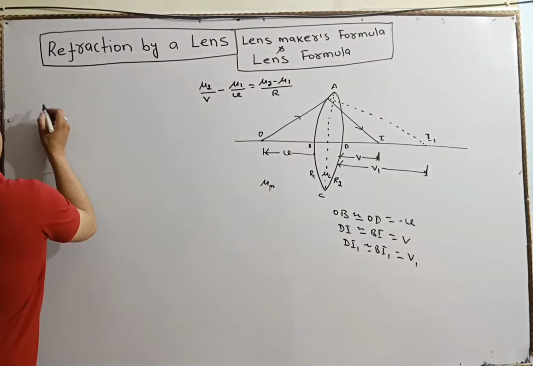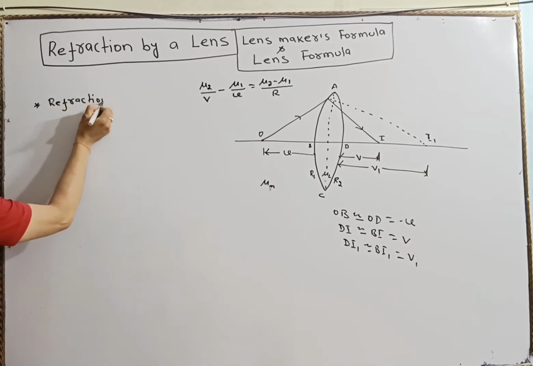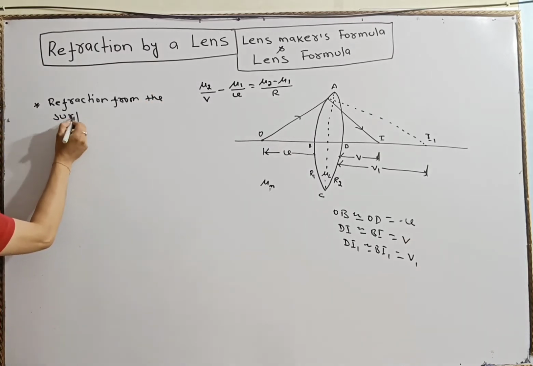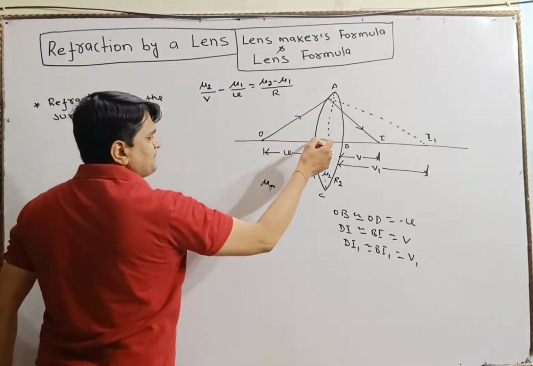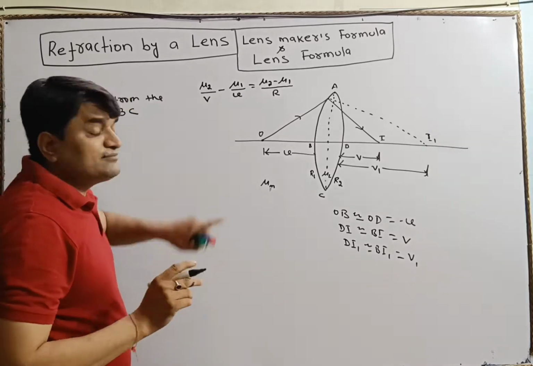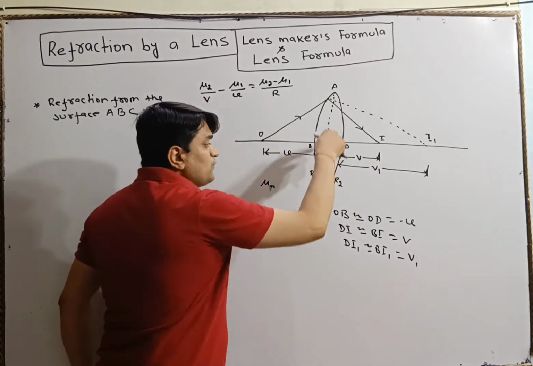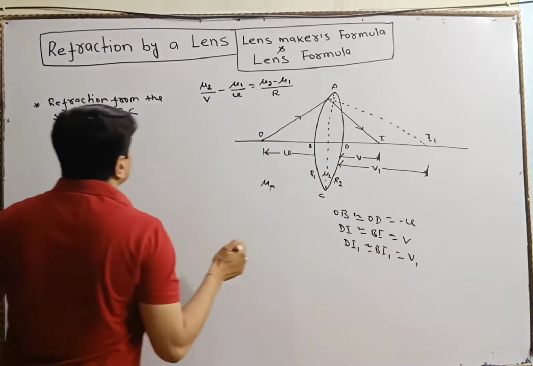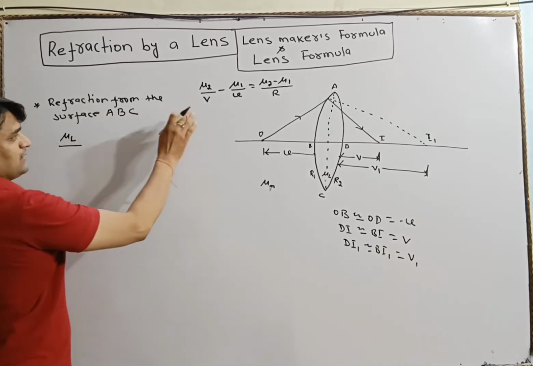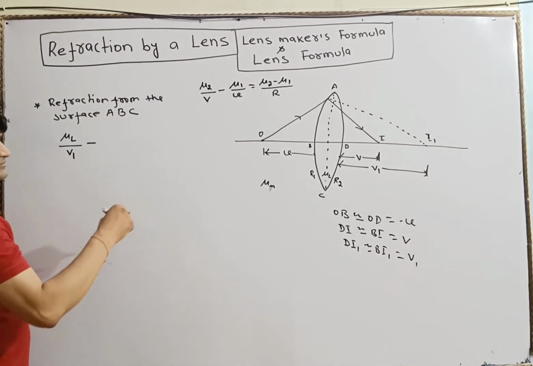Now, first, refraction from the first surface ABC. Where is the image by the surface ABC? It is in medium mu L, and this is V1. So we will write mu L upon V1, the image distance, minus mu M upon the object distance.